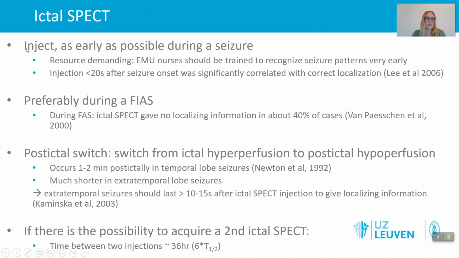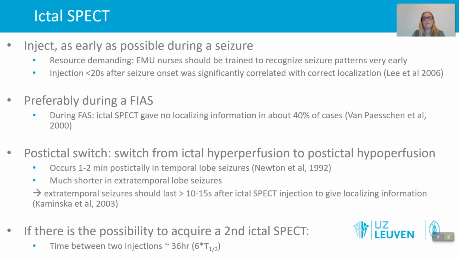So you want to inject as early as possible during a seizure. This is very resource demanding, so you need staff that is very well trained, who needs to be monitoring the patient non-stop, and they need to be trained to recognize seizure patterns very early. In our center, our monitoring room is next to the patient room.